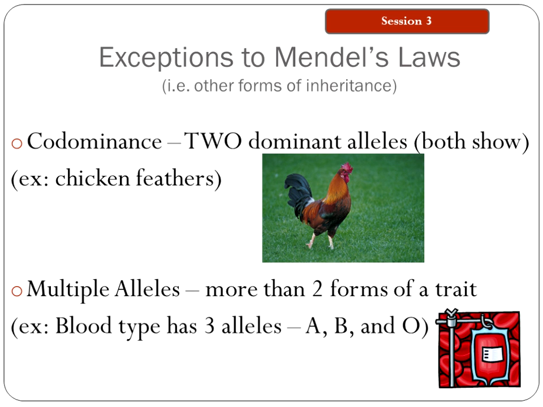Now, over time, we have determined that there are some exceptions to Mendel's laws. Okay, there are cases where there's codominance, and this means that instead of just one dominant allele, there's 2. And in these cases, both of the alleles show up. That happens a lot in, like, hair color of cats and dogs, chicken feather colors.